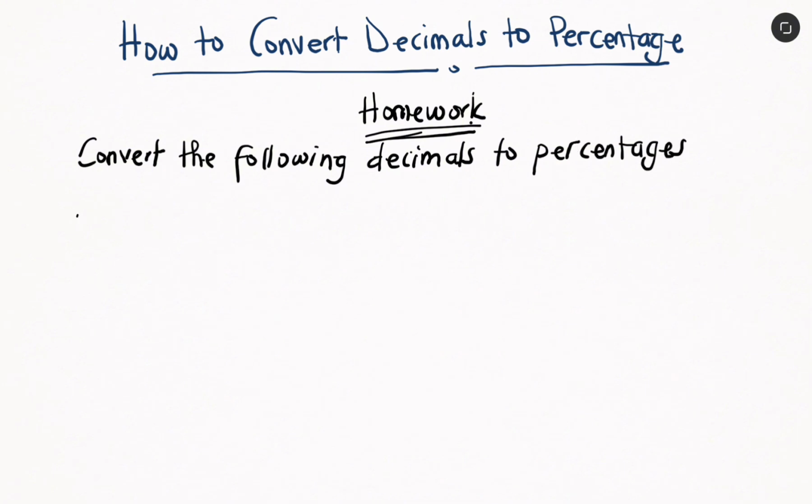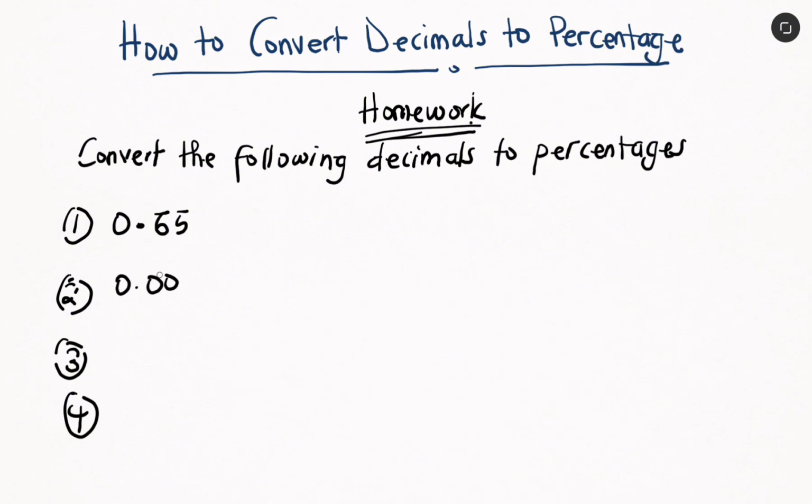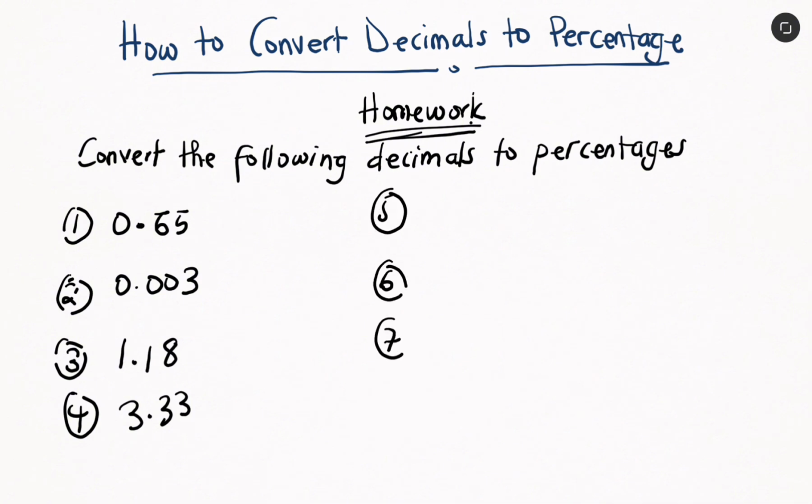Okay, right, so we have number 1, I have 0.65, 2, 3, 4. So I have 0.003. I also have 1.18, 3.33, 5, 6, 7, 8. Let me give you more. 9, 10, 11, 12.